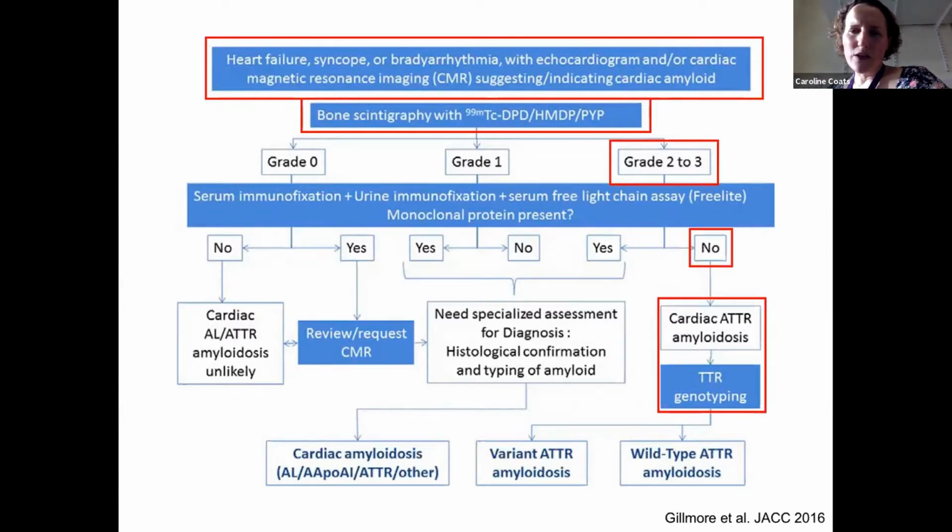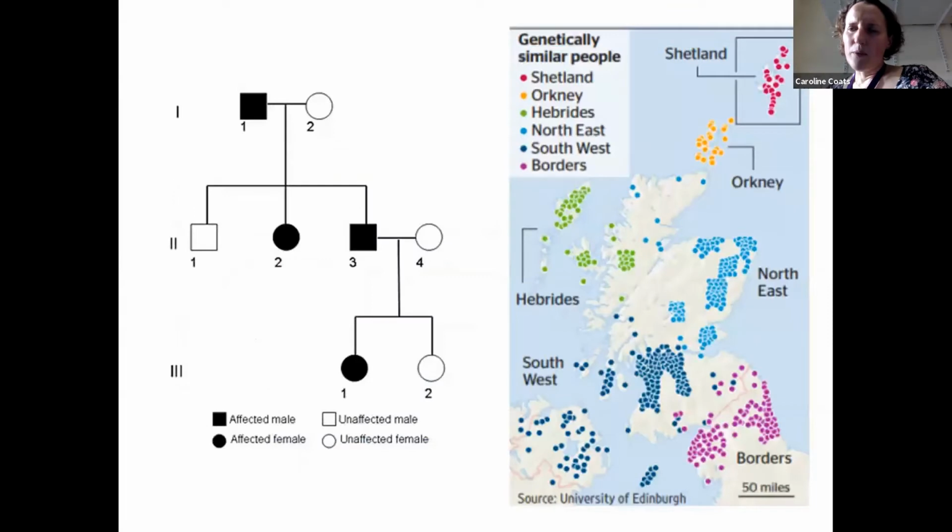Once we've made that diagnosis of amyloidosis, we then come down to understanding whether it's a hereditary or a non-hereditary form of transthyretin amyloidosis. In Scotland, we're fortunate that we have a fairly well-developed genetics service and have genetic testing quite easily accessible.